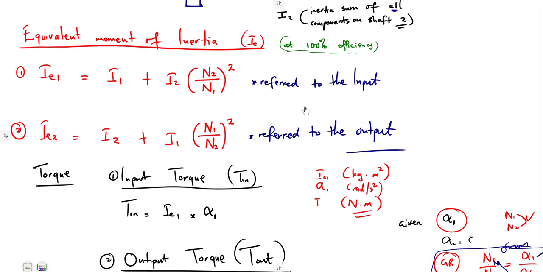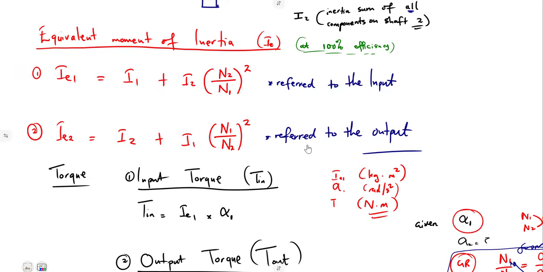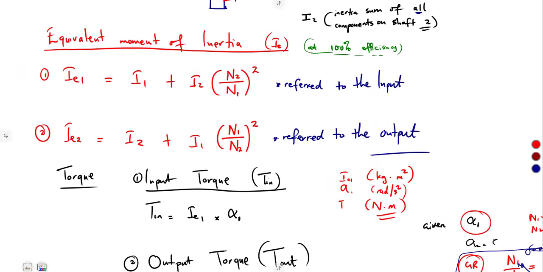With any other efficiency given which is not 100%, those calculations will change. So here I wrote A. Let me just write A at 100%.